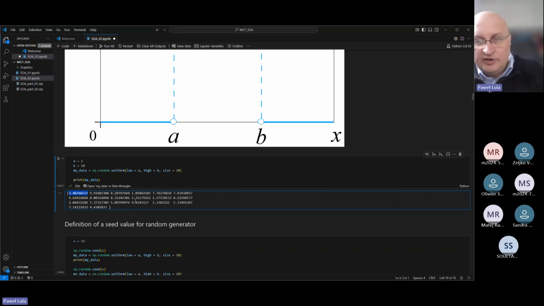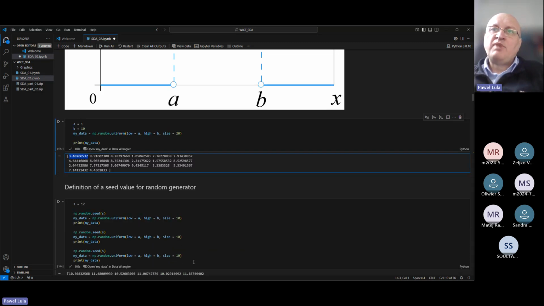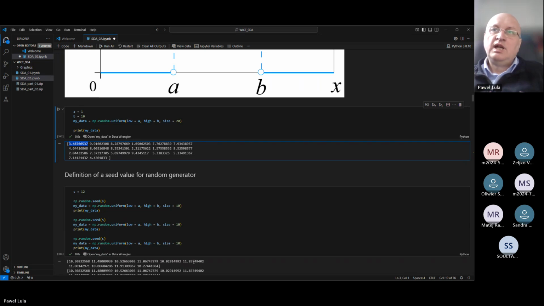And default value for obtaining this seed value is to read this value from the clock, which we have in our computer. But also, it is possible to define this seed.